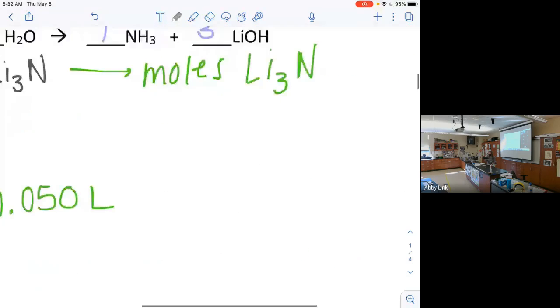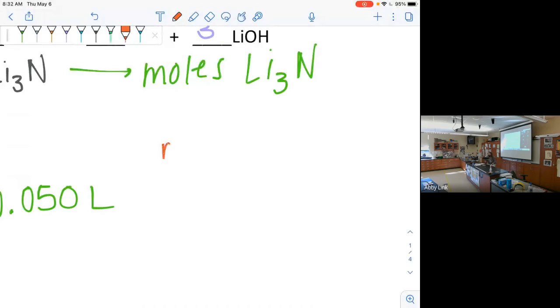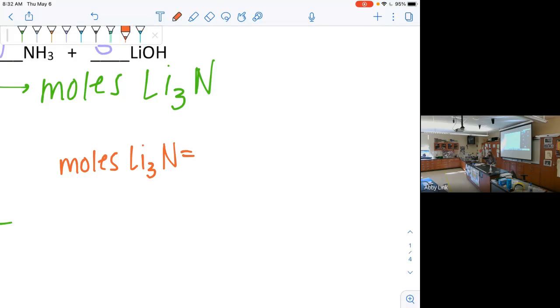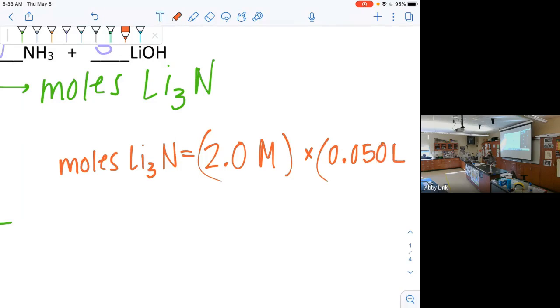So moles of Li3N is equal to the molarity, which they give us as 2.0, times how many liters did we just find? 0.050 liters. We've got 2 sig figs in both of our numbers, so my moles should come out to be 2 sig figs. I get 0.10 moles Li3N.